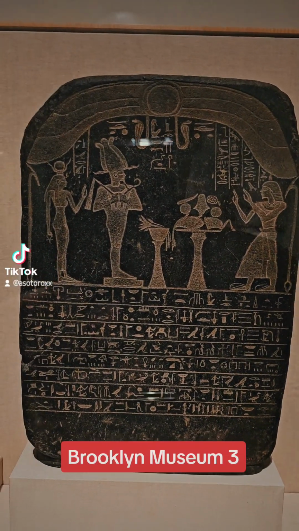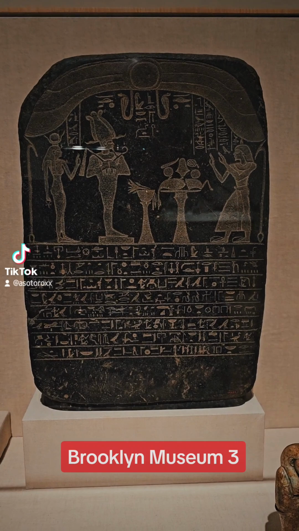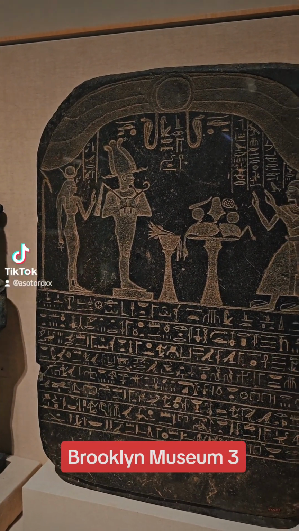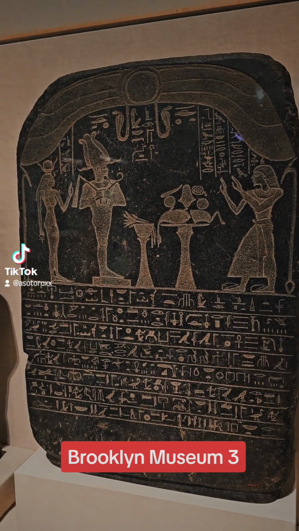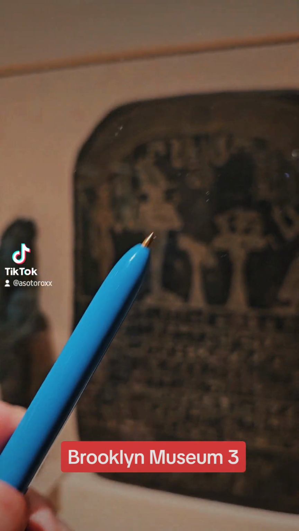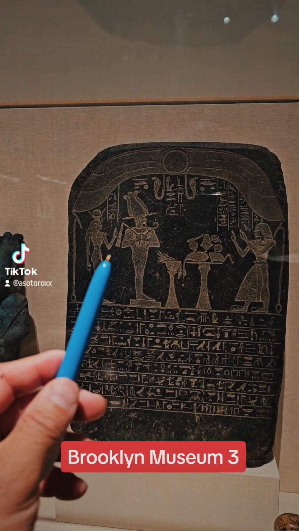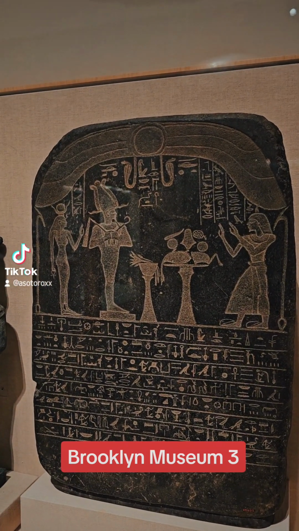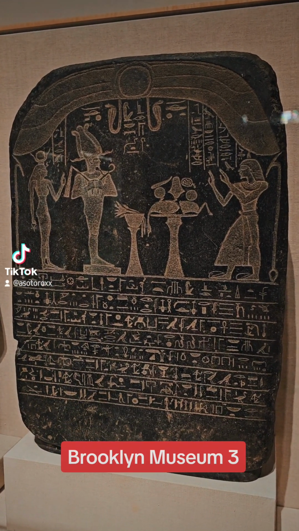So here we go. We have another stele, right? And what is this one about? Well, this is the great thing about the Egyptians, right? They had 3 languages. You had hieroglyphs, and these could also be considered hieroglyphs, even though it's really artwork, right? And they had Demotic script, and they had hieratic, right?